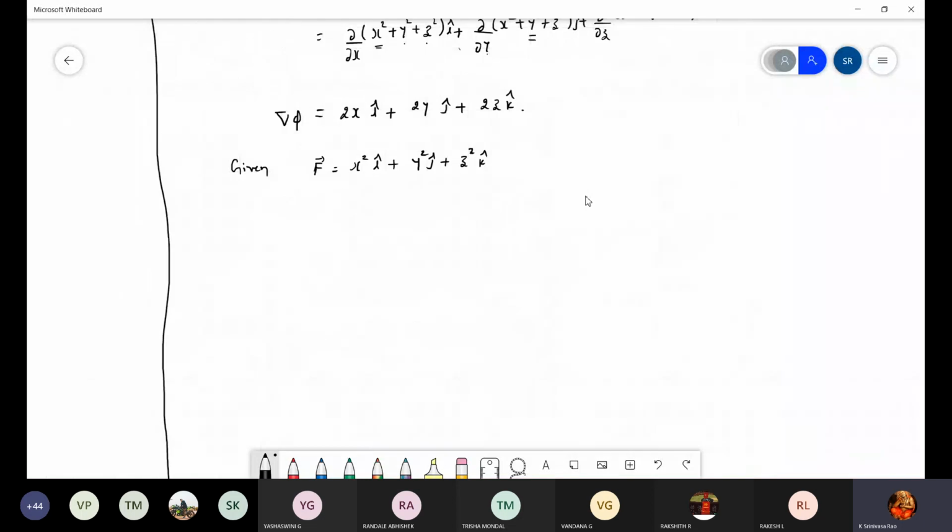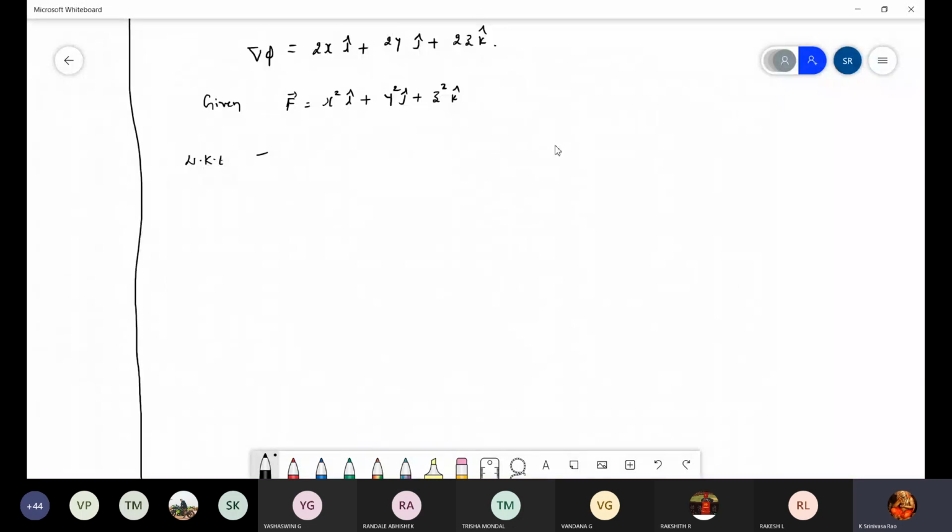Otherwise, write the formula. I will show in another way also. We know that del dot f equals dou f1 by dou x plus dou f2 by dou y plus dou f3 by dou z.